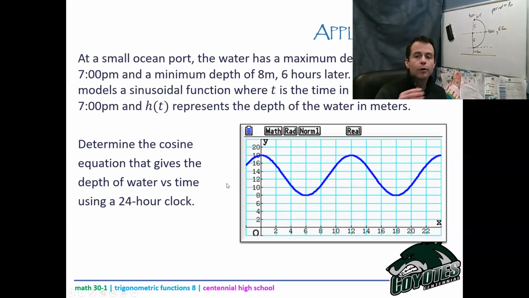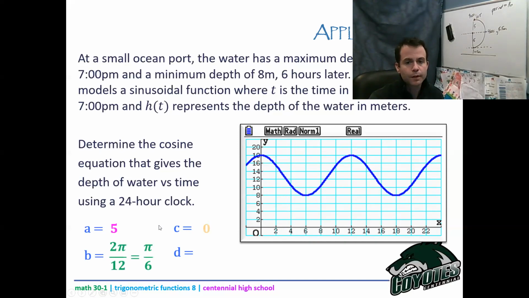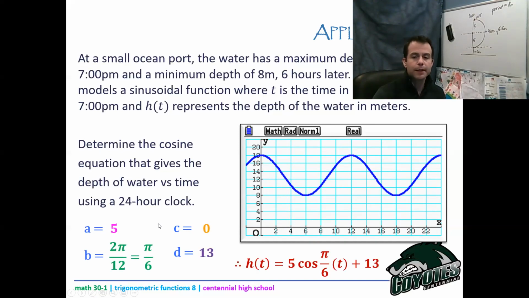Now, we are asked to draw a cosine graph, and so cosine graphs start on the maximum, and this guy does start on the maximum on the y-axis as well. So that means there's no phase shift, so C is 0. So I've got all that, and then my equation becomes h of t equals 5 cos of pi over 6 times t plus 13.